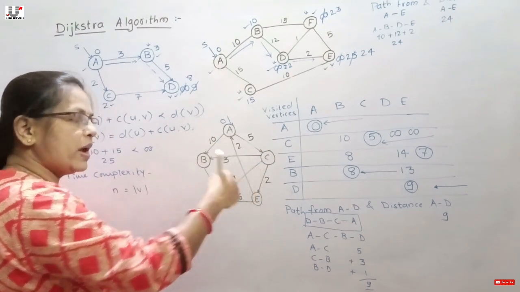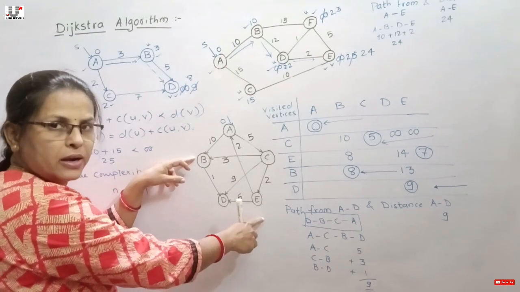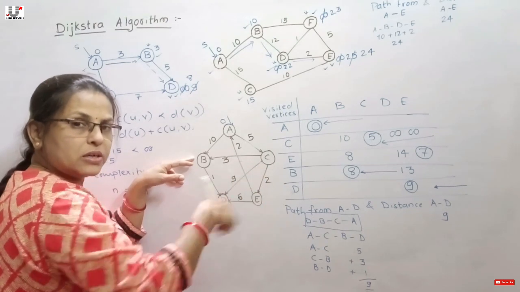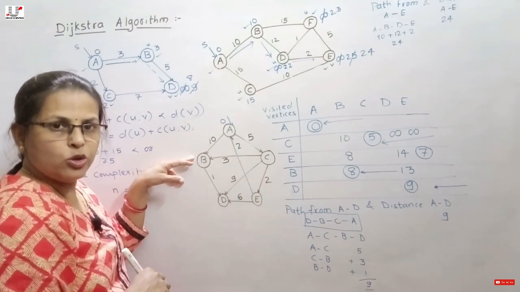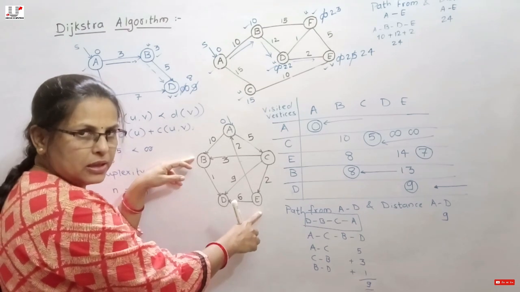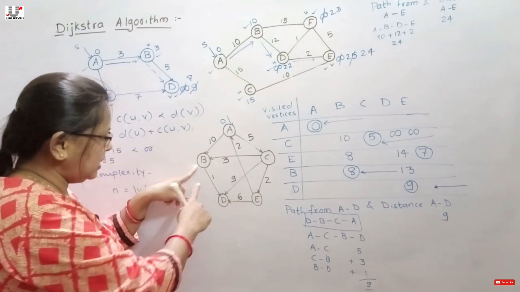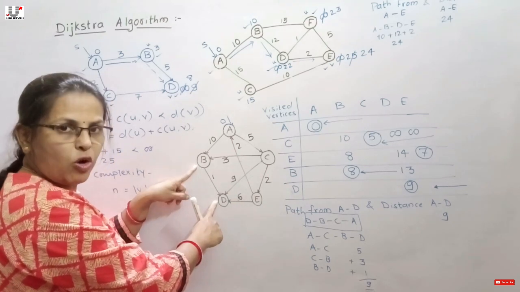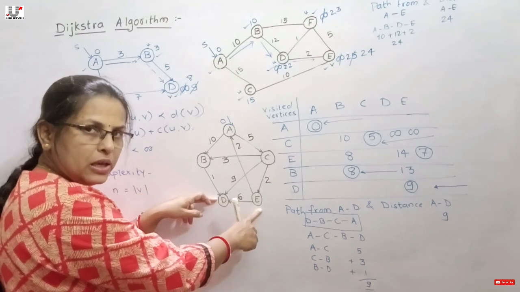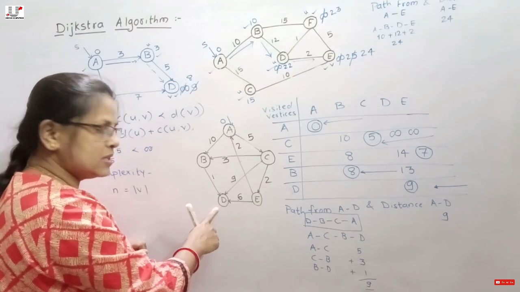From C we are trying to relax B, D and E, that is, update the weight or path of B, D and E. But from B we are updating only the distance of D. And similarly from E we are also updating only a single vertex D.